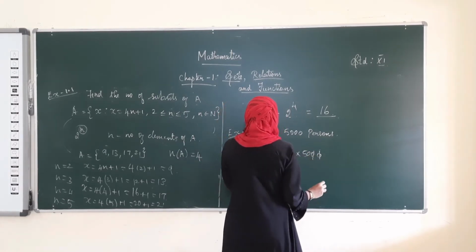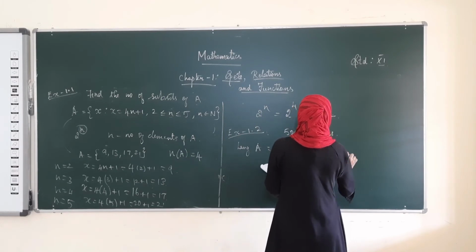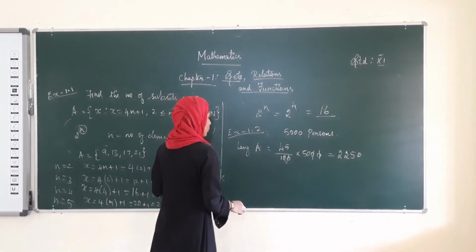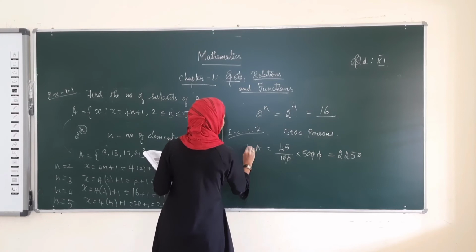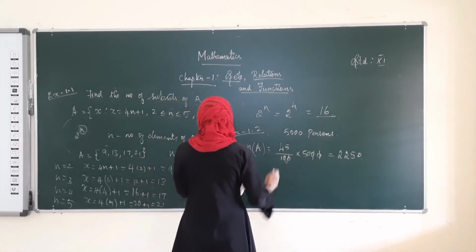What will be the answer? It will be equal to 2,250. That is the number of persons speaking language A, that is n of A is equal to 2,250.